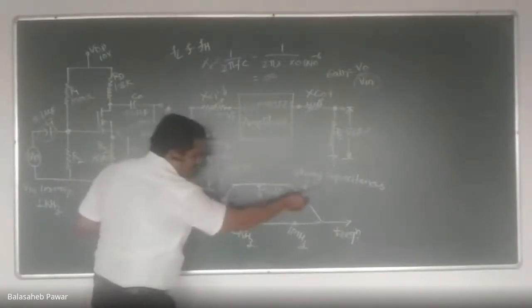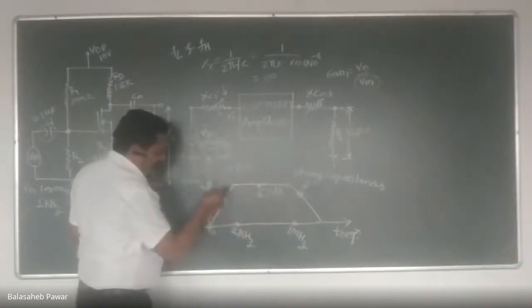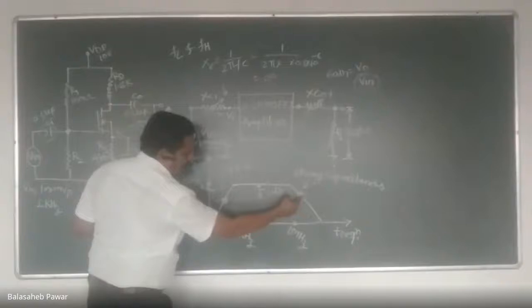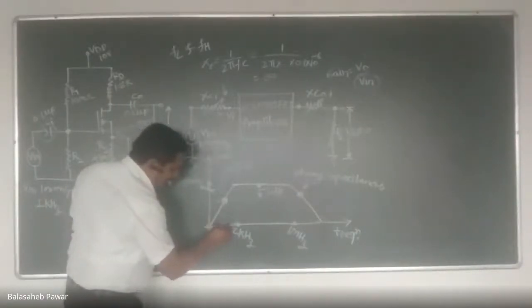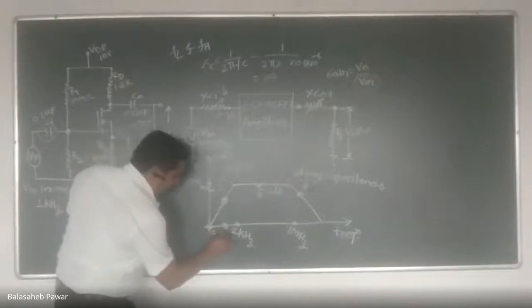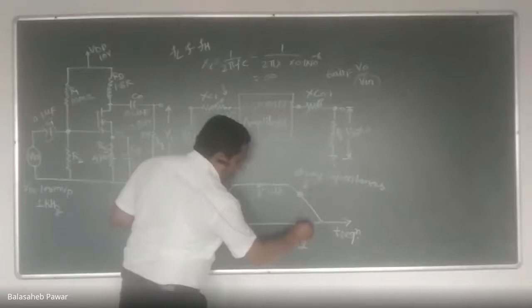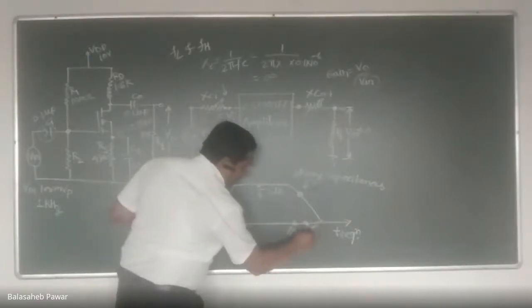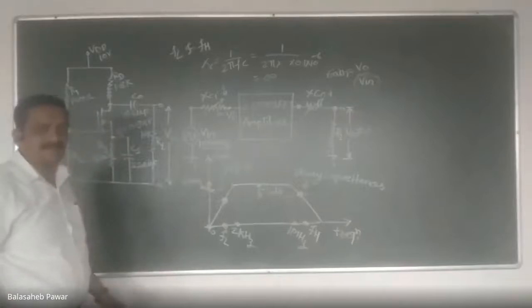That plotted line will intersect our frequency response curve at the low frequency side as well as at the high frequency side. That intersection point at low frequency is known as the lower cutoff frequency, and at high frequency side it is known as the higher cutoff frequency, that is FL and FH.